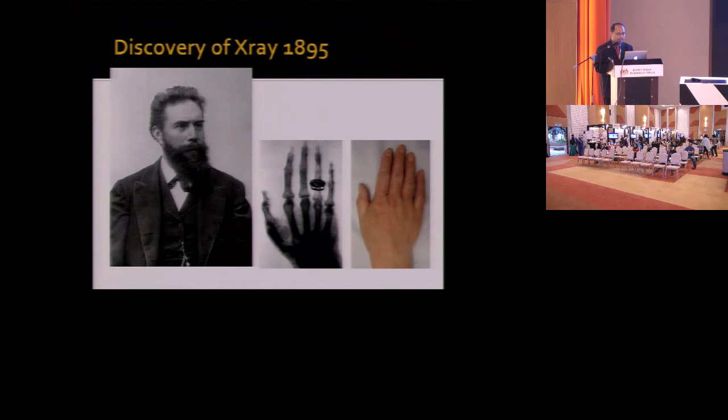So this is an example of how a physicist or engineer or a non-medical doctor can help us in the discovery of X-ray in 1895. And he won the first Nobel Prize in Physics in 1901.